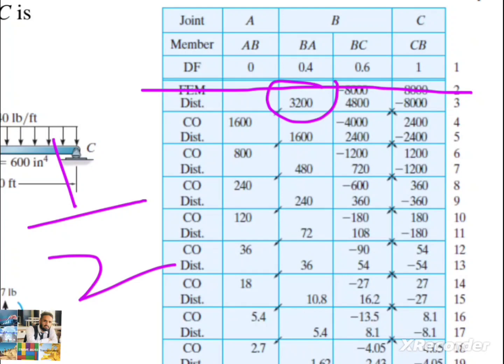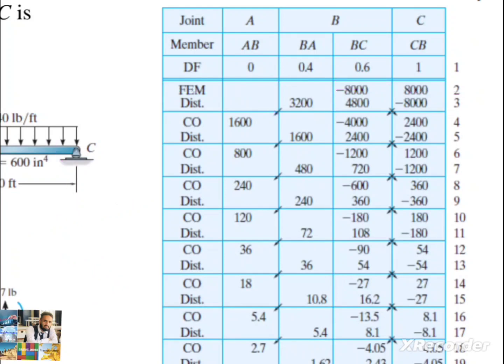So we get 1600, the carryover moment, which shifts from joint B to joint A. The moment transfers from B to A, and from B to C and C to B.